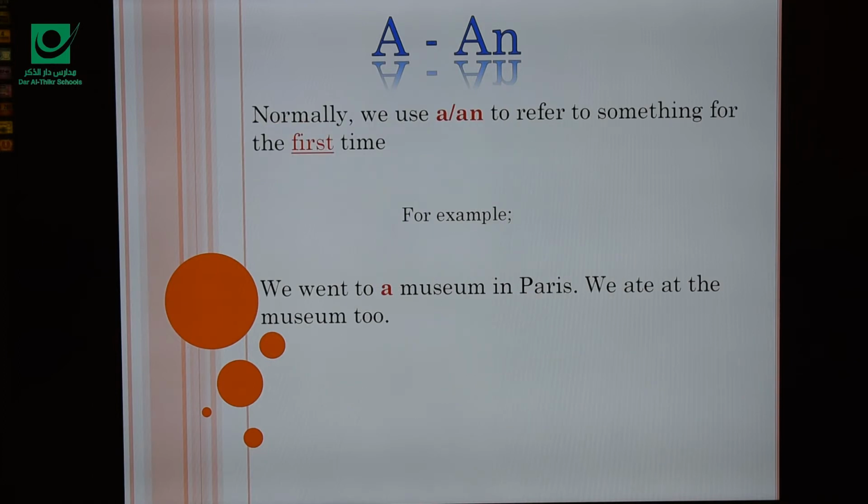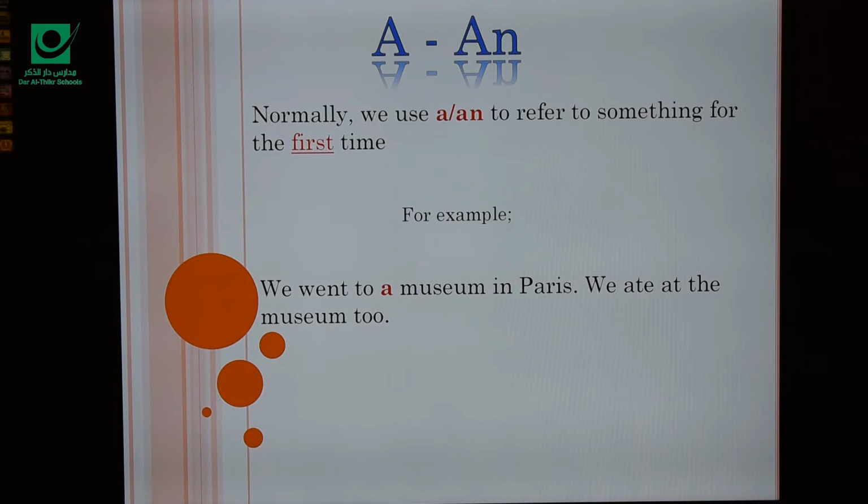Next one. Normally we use a or an to refer to something for the first time. For example, we went to a museum in Paris. I went to a house, or I went to a hotel in London, for example. We ate at the museum too.